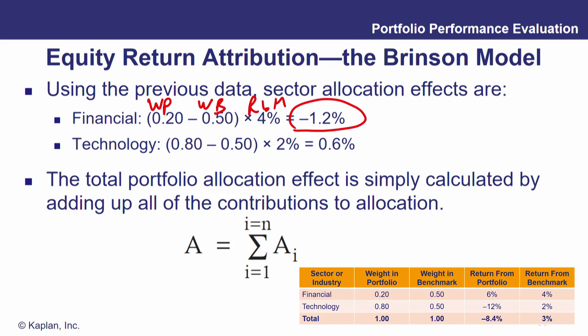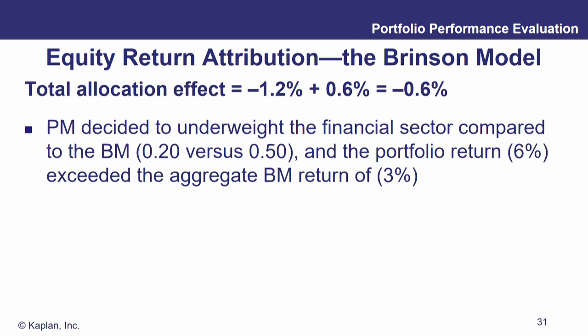We go through the exact same thing with technology. Now, what's the next step? Once we go through the individual sectors, then basically the total portfolio allocation effect, you're just simply going to add up each of these contributions to allocation. So what did we get? Negative 0.6%.